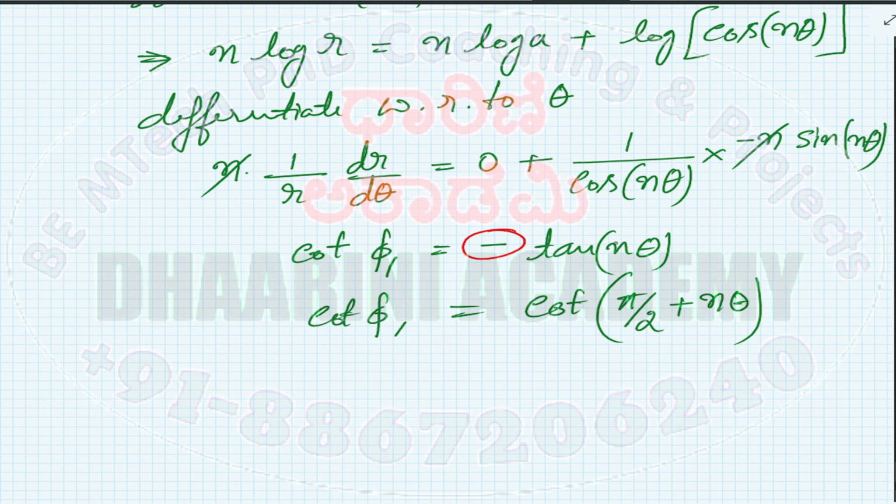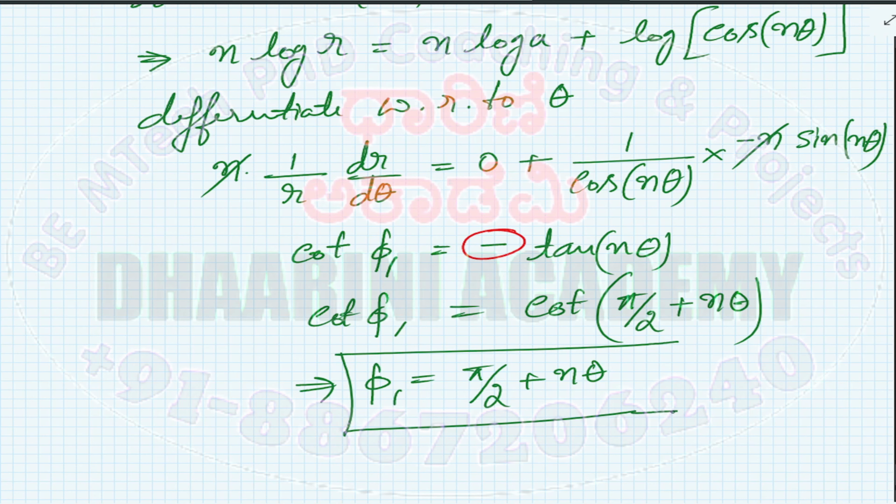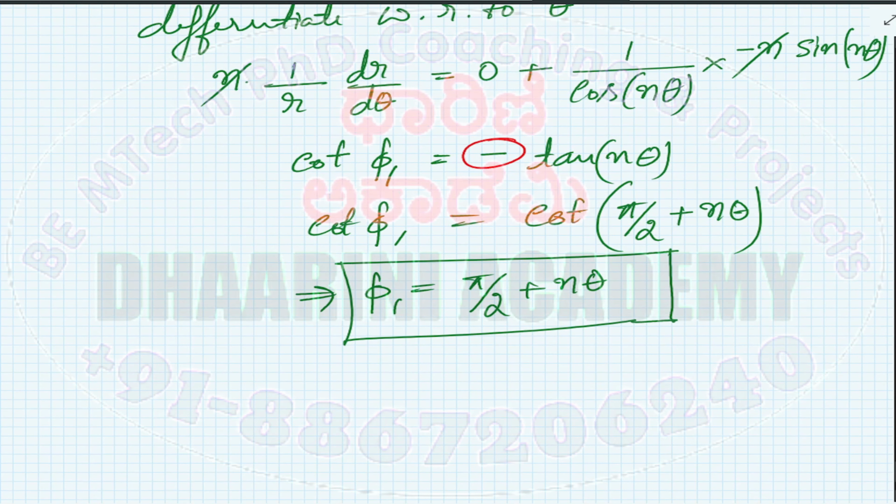So cancelling the cot on both sides, this implies the angle phi 1 is equal to pi by 2 plus n theta. So we got the angle made by the tangent to the first curve. Then let's go to the second function given in this problem.